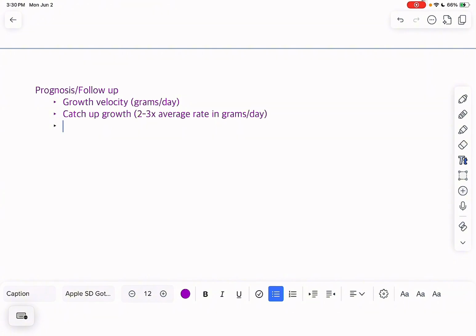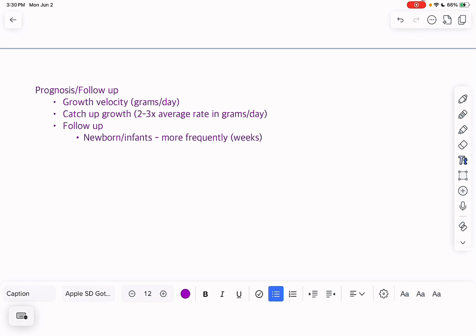And then as far as follow-up goes, especially for newborns or infants, we want to see these kids more frequently, on the measurement of weeks rather than just months. Newborns and infants have a very fast rate of growth.